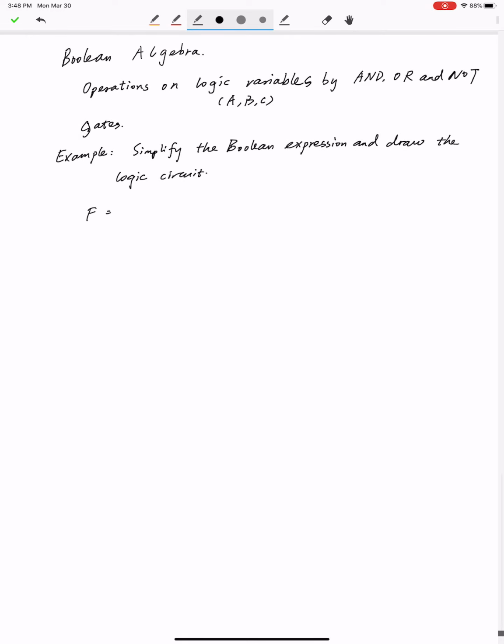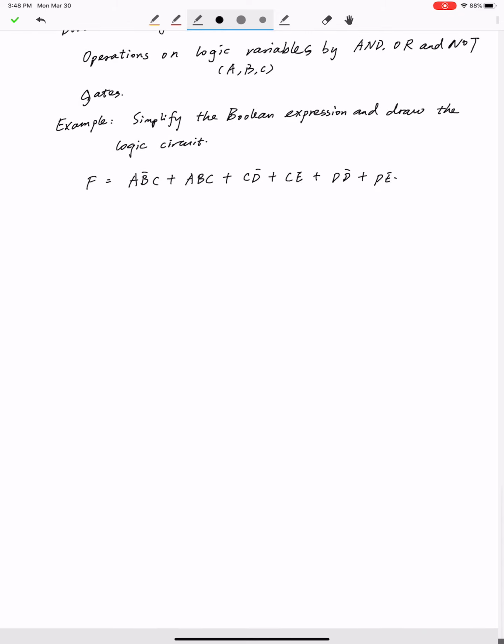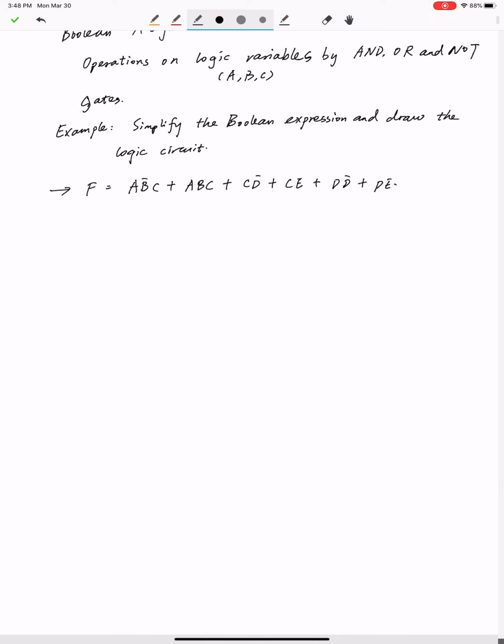F equals AB bar C plus ABC plus CD bar plus CE plus DD bar plus DE. Okay. So here in this expression, we have 5 logic variables, right?